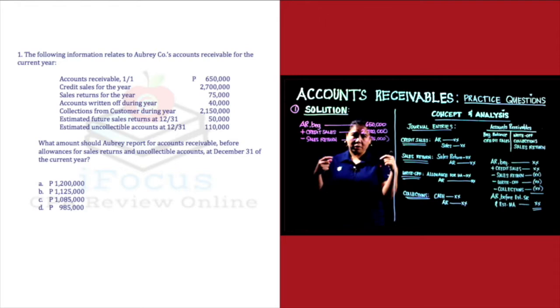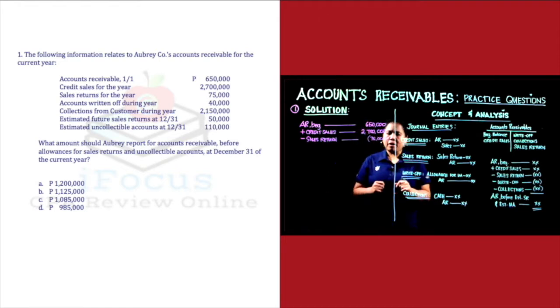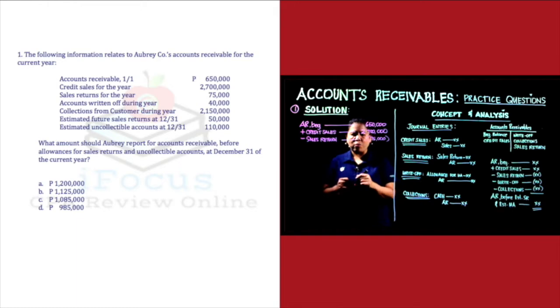Huwag kang malito sa sales return at allowance for sales return, okay? Sa sales return na ito ay actual na return na ng company. Yung allowance for sales return, yan pa yung mga estimated nila na pwedeng mag-return ng mga customers sa susunod na taon.